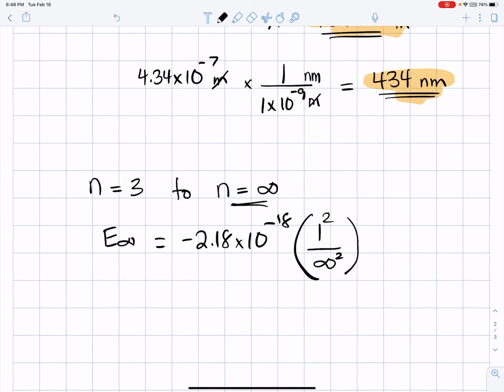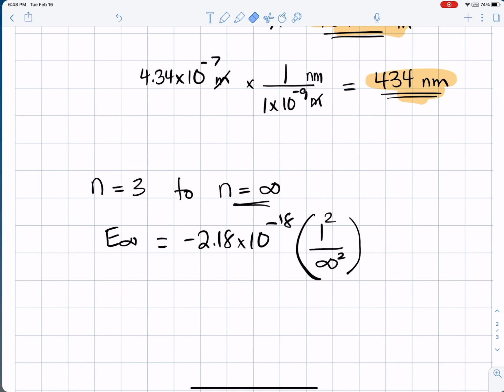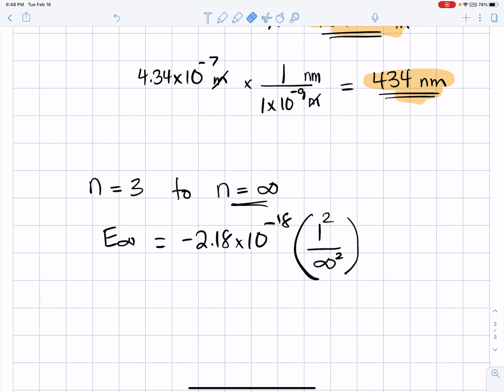Well, there's no button on the calculator for n equals infinity, so you can't put that on a calculator to solve it. So what you're going to need to do is use some reasoning. When n is going to infinity, what does that mean? It means that n is getting larger and larger. So when n is going to infinity, we're basically just saying n is getting infinitely large.